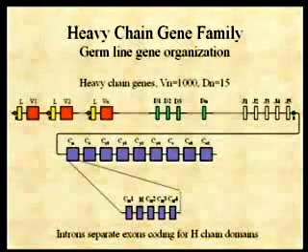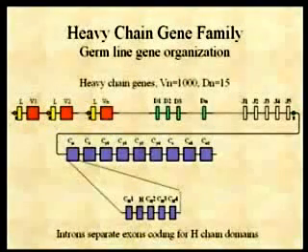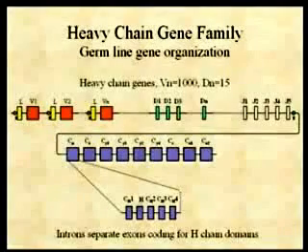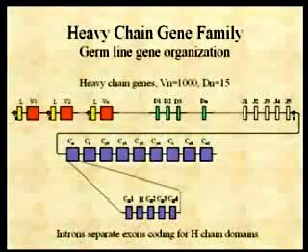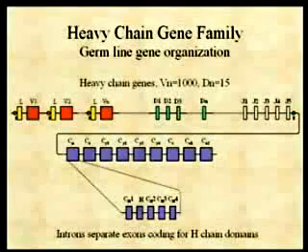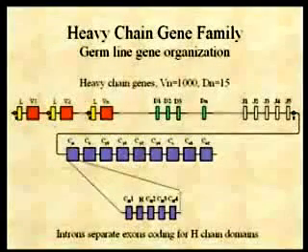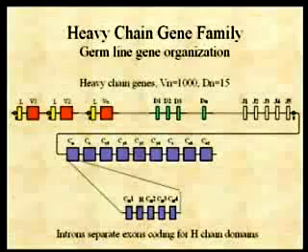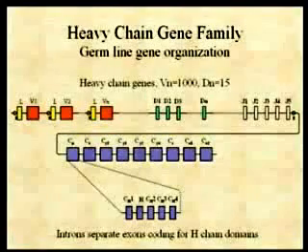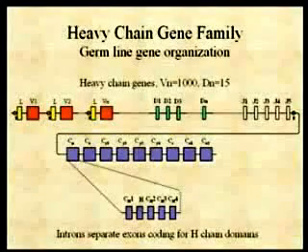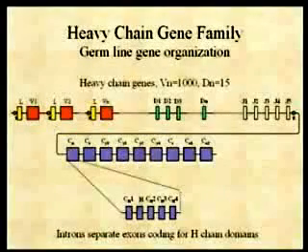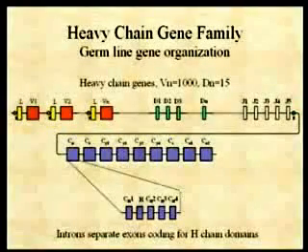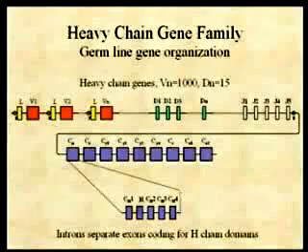So, for example, the CH1 domain is one exon. The hinge domain is an exon. Then you have, in the case of mu, CH2, CH3, CH4. So every one of these constant regions is actually broken up so that each domain is a separate exon. Okay. But again, for simplicity's sake, I'm just going to show it as one box, because they get to be too complicated if each of these are divided up. All right. So we have these constant region genes.